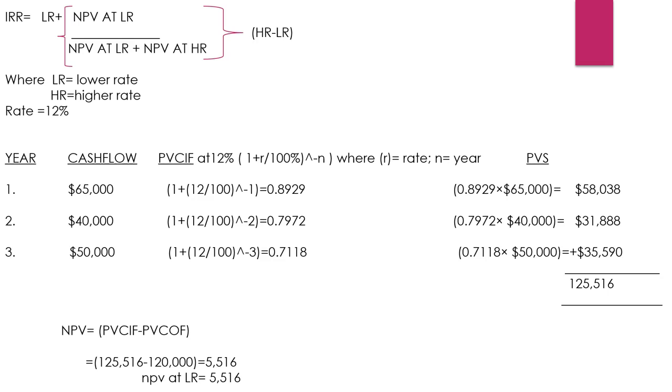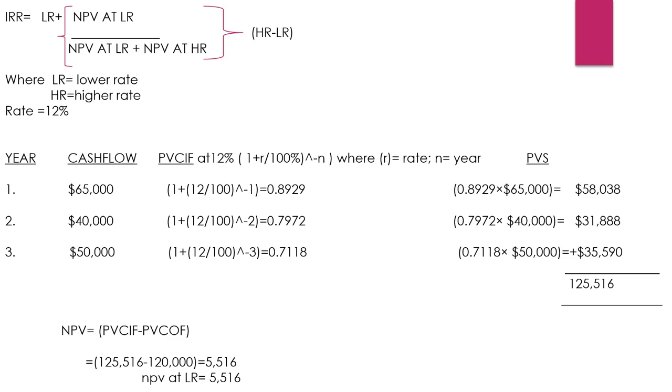So we are going to have four columns. The first column is for years. The second column is the cash flow. The third column is the present value of cash inflow at the rate of 12%. And the formula for getting the present value of cash inflow is bracket 1 plus R over 100, you close, raised to power negative n.